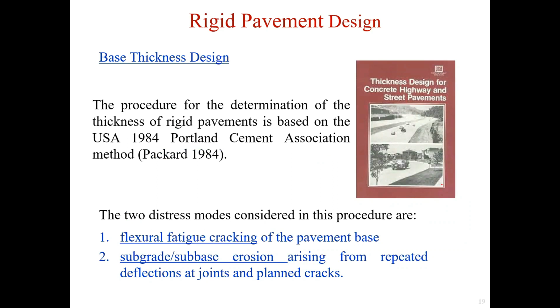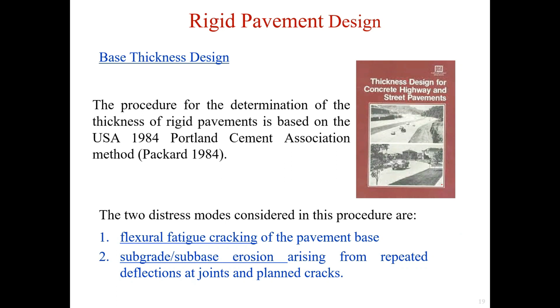For flexible pavement, we consider 3 distress modes: the fatigue damage to asphalt, fatigue damage to cemented material, and subgrade rutting and loss of surface shape. To determine the thickness of rigid pavement, we followed the Portland Cement Association method from USA.